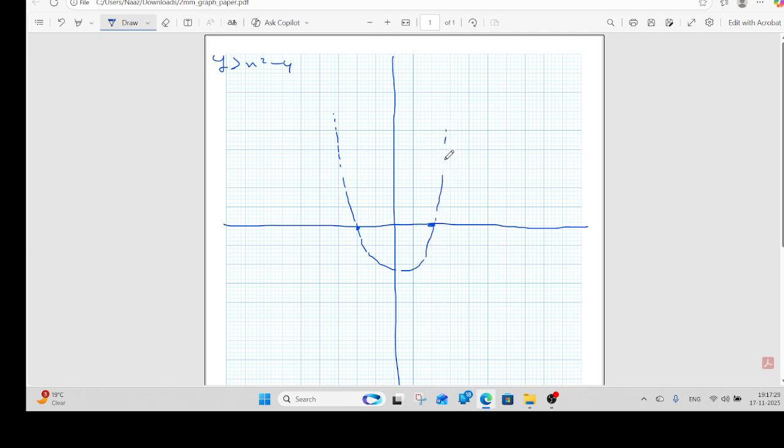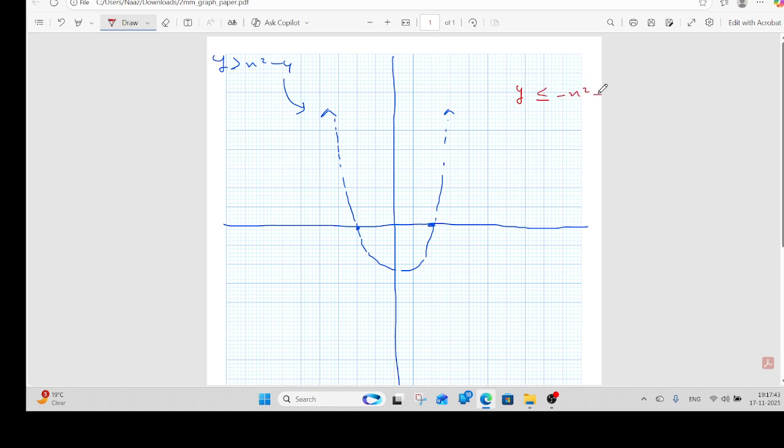That's how my parabola is going to be. So this is for this one. Now for the second one, the equation is y is less than or equal to -x square plus 2x plus 3. There is an equal sign, so it is not going to be a dashed line, it is going to be a solid line.